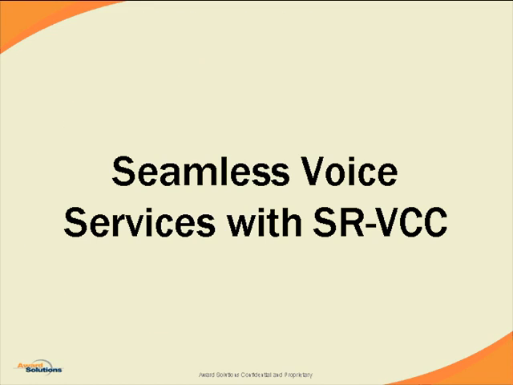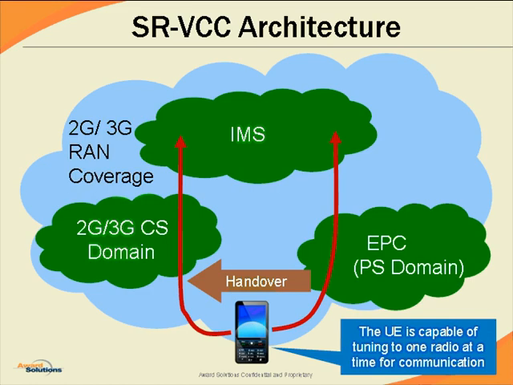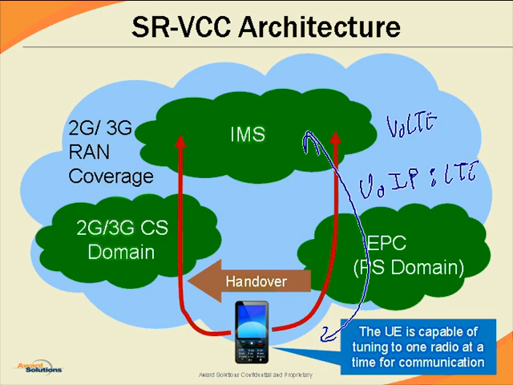So as we mentioned earlier, when we are in the LTE coverage area, then we will use voice over IP. And voice over LTE, that's the solution we have chosen, that is based on IMS.